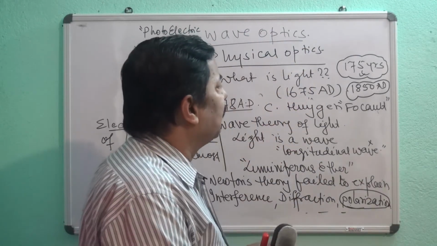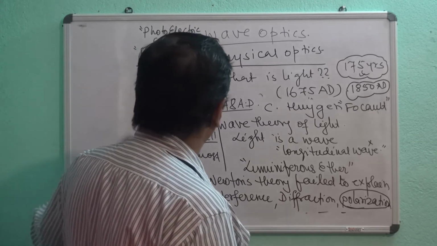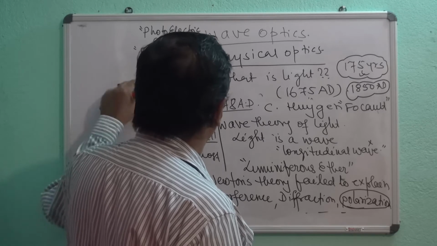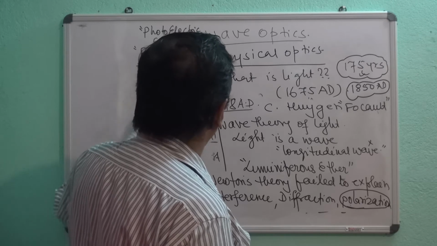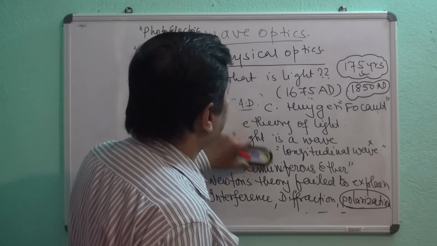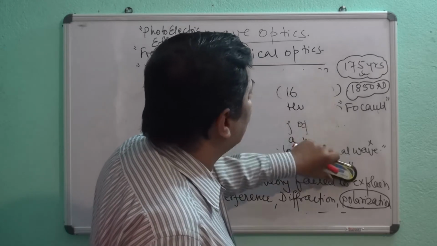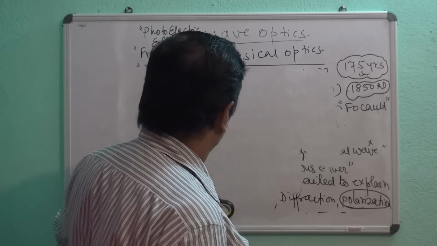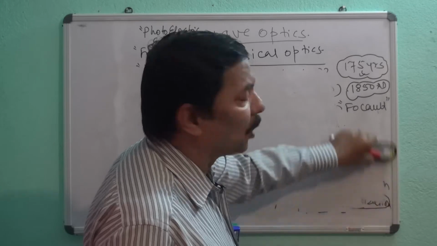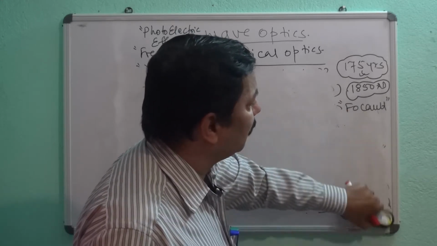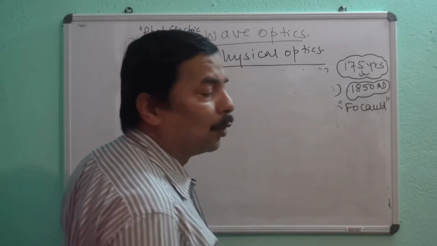When this problem came for the explanation of photoelectric effect, at the same time Einstein proposed the quantum theory of light, in which he used Planck's quantum concept and said that light is made up of photons.